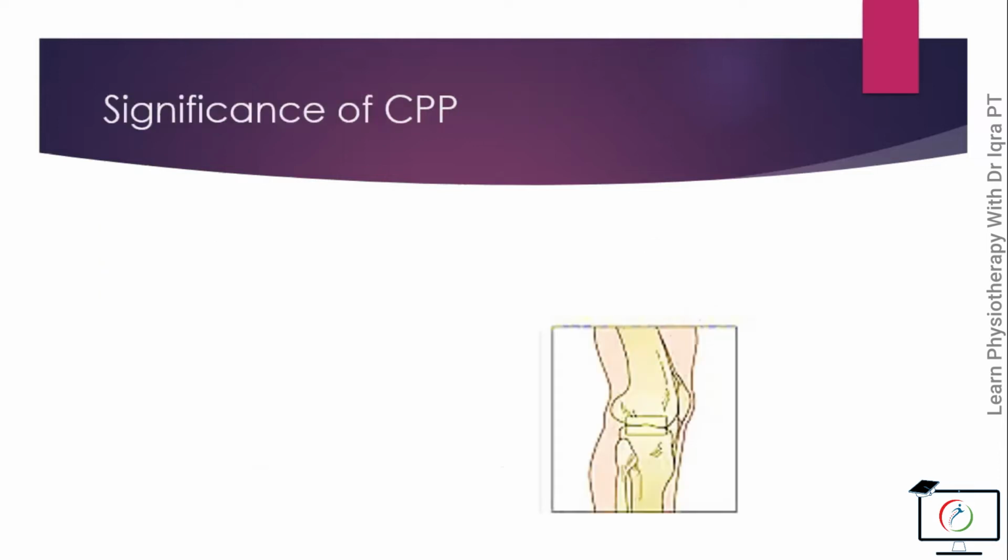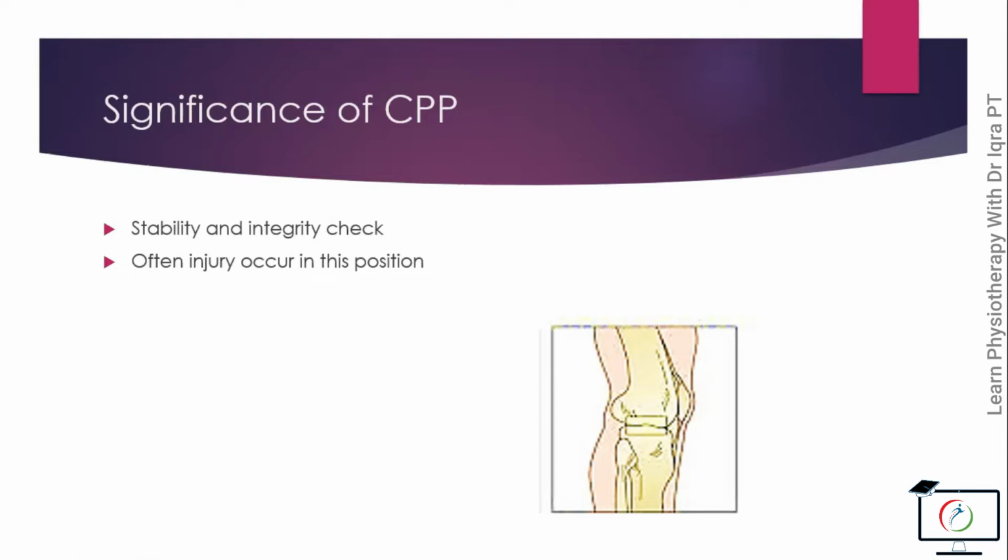Now, what is the significance of closed back position? The stability and integrity check tests are done in this position, and injury mostly occurs at a joint in its closed back position.